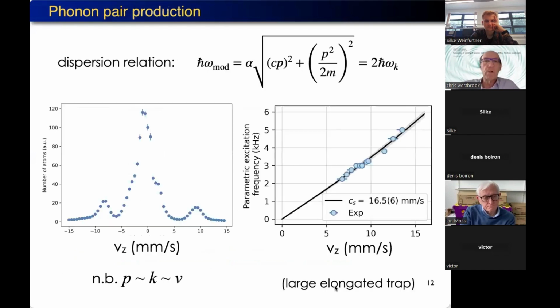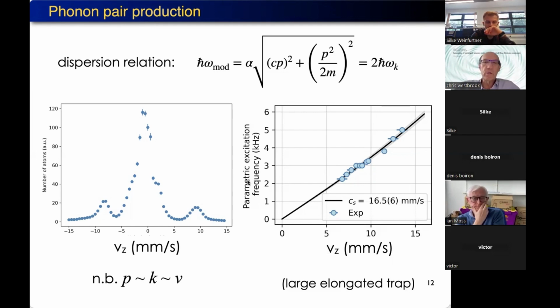So here's an example of that. On the left, you see a time of flight spectrum, which gives you the number of atoms as a function of the detected velocity. I've given it in terms of velocity relative to the condensate. Here I'm plotting the detected velocity as a function of the excitation frequency.